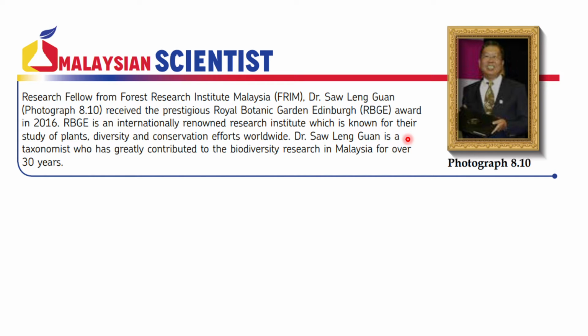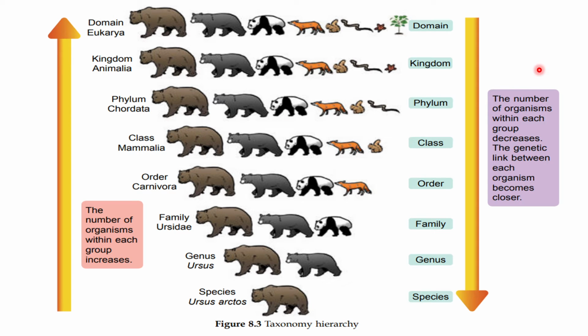Okay, kita lihat di sini. Just now we said the highest rank is domain, and then the smallest group is species. So going down dia punya ranking ini, you can see that the number of organisms within each group decreases. Daripada paling atas, domain Eukarya, kemudian kingdom Animalia.